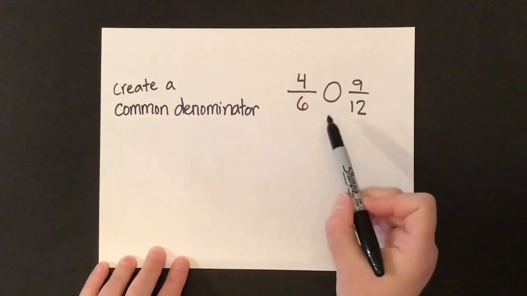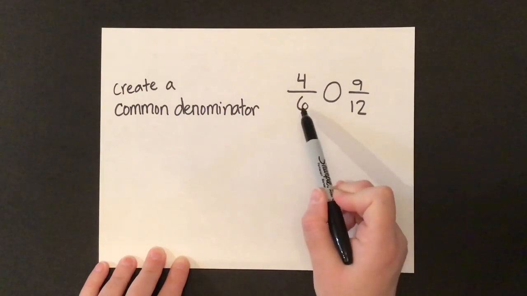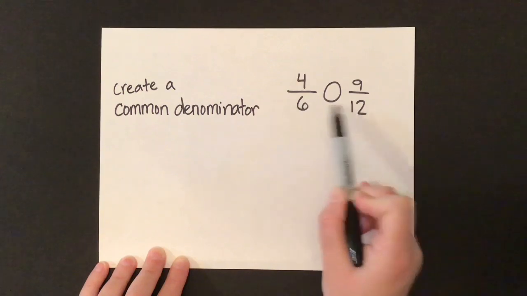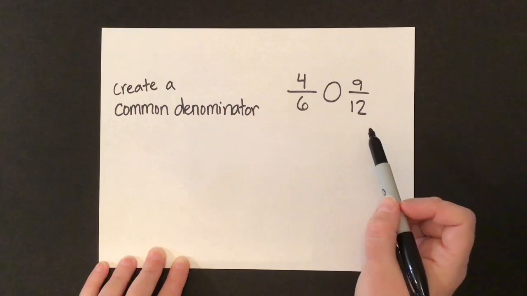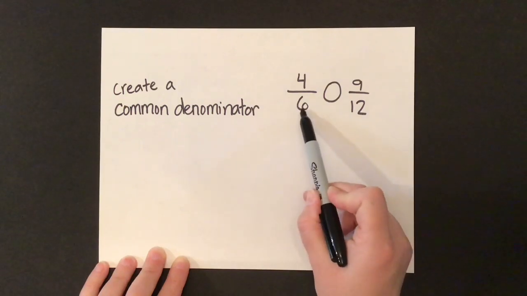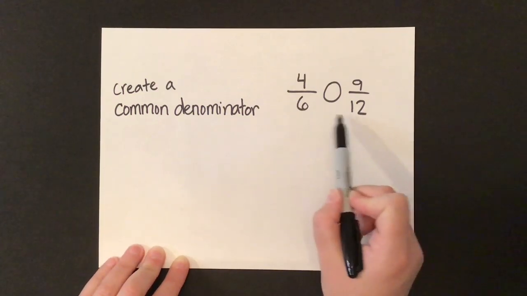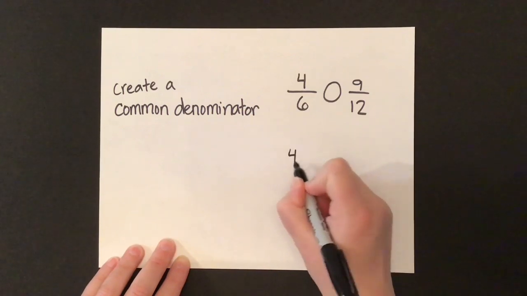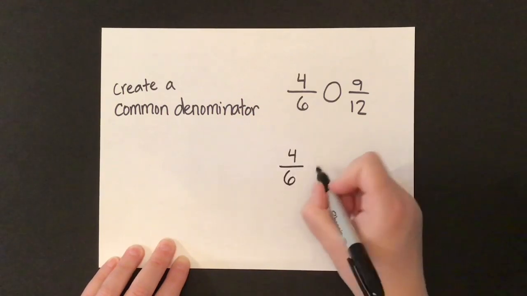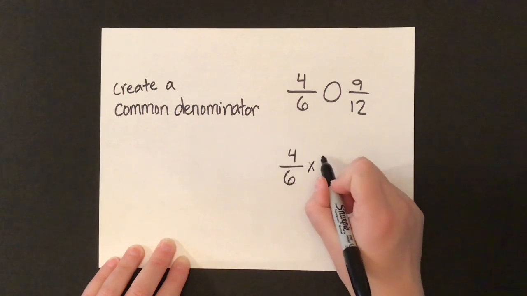If you look at the 6 and the 12, think about how those numbers are related. You may have noticed that 6 is a factor of 12, or you may have been thinking 12 is a multiple of 6. This is perfect for creating a common denominator. We can take 4/6 and change the name of that fraction amount. So I'm going to multiply it by 2 halves.